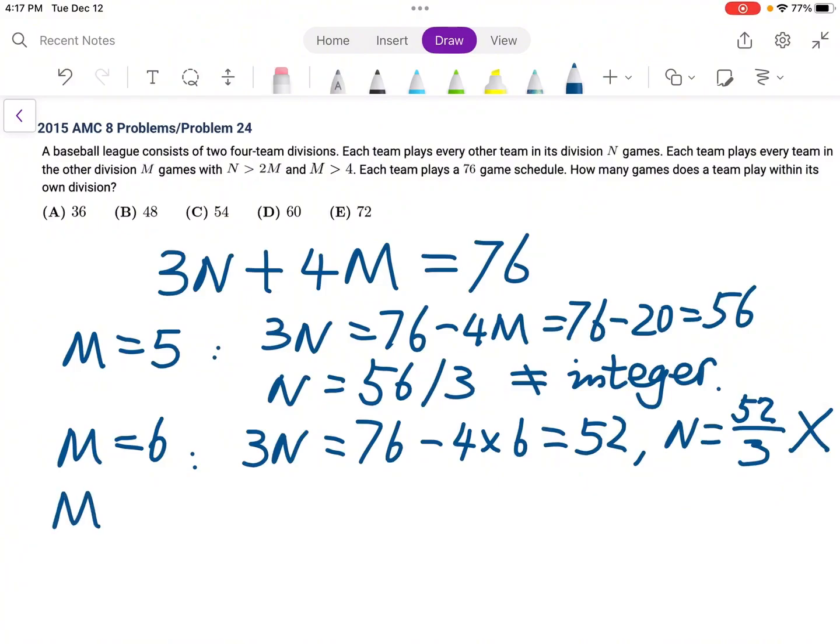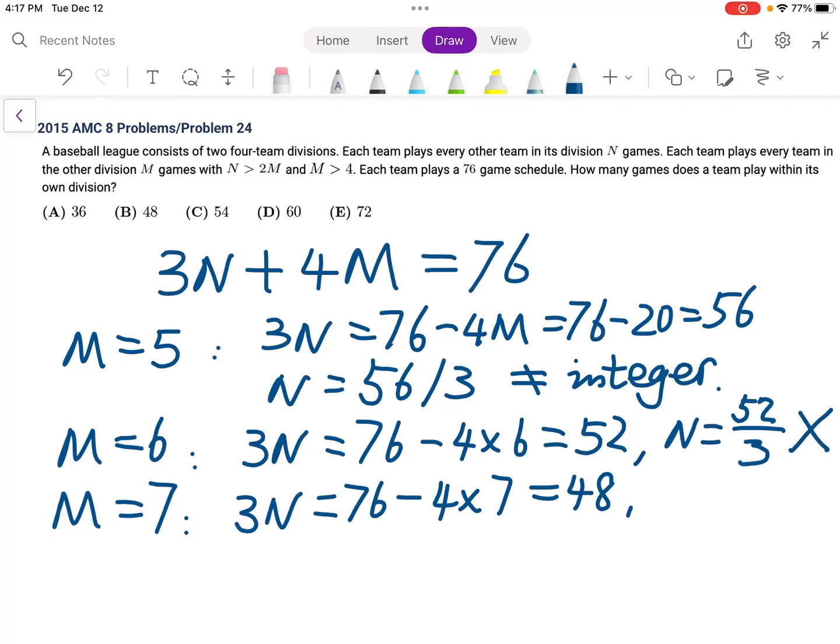If m equals 7, then 3n equals 76 subtract 4 multiply 7 equals 48. And in this case, n equals 16.